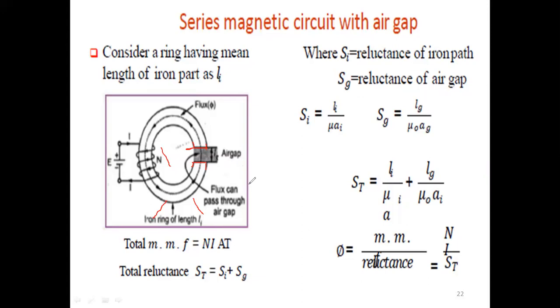Two. One iron part and one gap. This gap is also one type of material. Two materials are connected in series. For that reason, a series magnetic circuit with air gap is considered here.